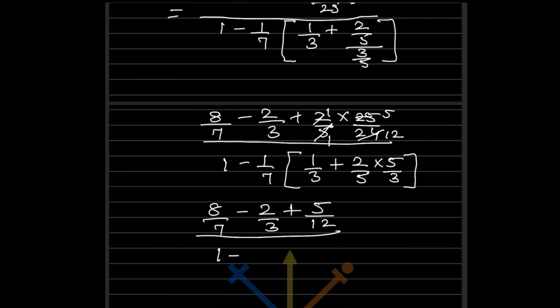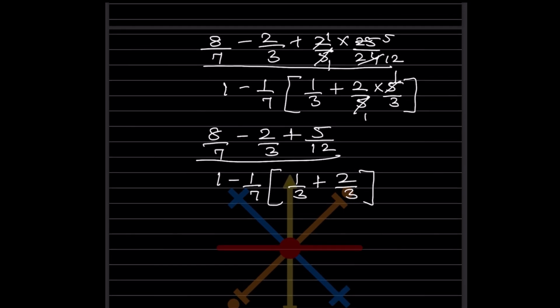Now we have 1 minus 1 by 7 as it is. This part can be written as, we can cut the 5 over here. So 1 by 3 plus, what remains in the numerator is 2 by 3. Now again, 8 by 7 minus 2 by 3 plus 5 by 12, keep as it is.